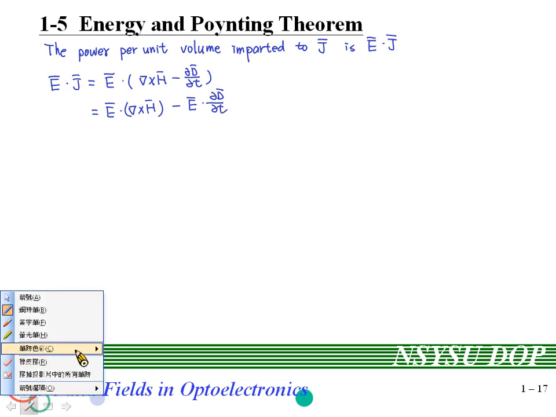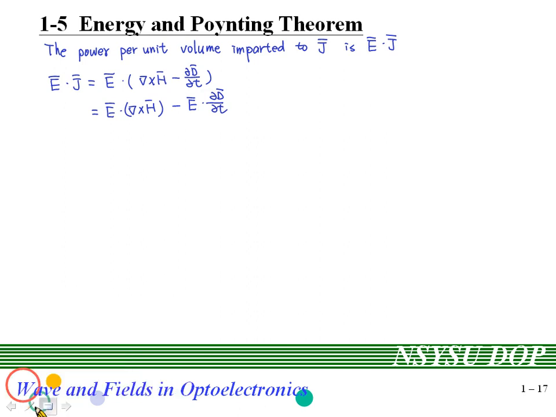Okay, to find out the item here, we have used the vector formula. As we know, if you perform divergence of E cross H, we expand this term, we will have H dot curl E minus E dot curl H. And clearly you can see that this one is the same as this one.